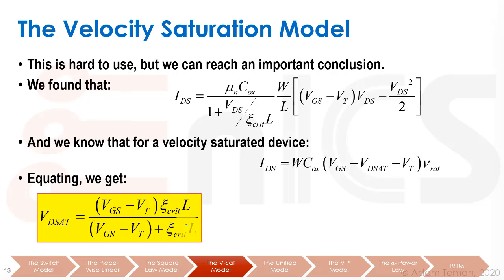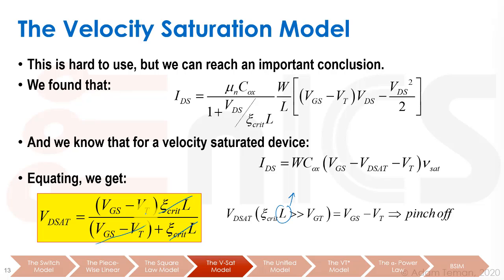We can see what happens if we take a few things to the extreme. Say we have this critical field times L, E crit L, and it's way bigger than VGT. When will that happen? That will happen when our L is really big. If that's the case, then in the denominator this term is much bigger than VGT, so we can basically remove it. Then we can cancel the top and what we have left is VGS minus VT, or VGT.